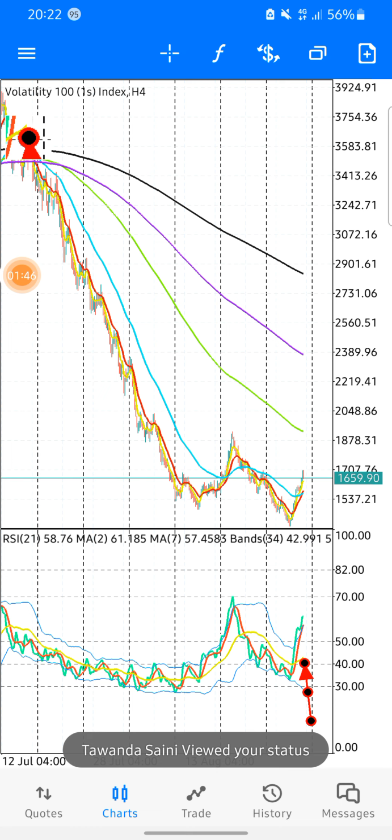You can clearly see that the MBL on H4 is pointing upwards.